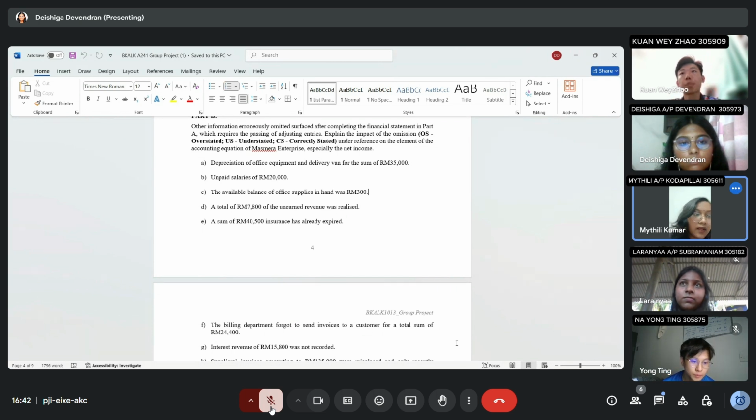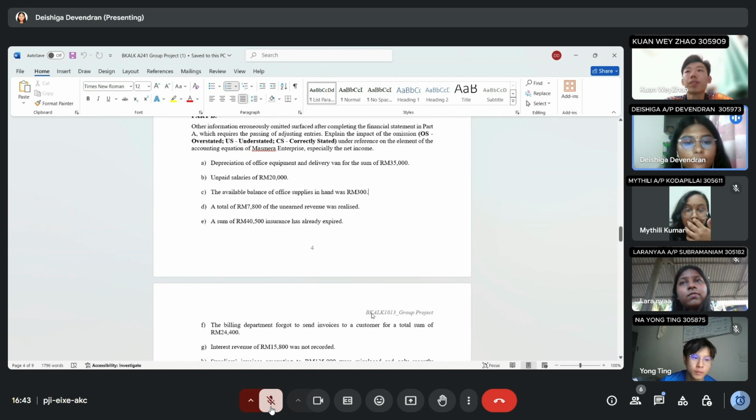If 7,800 is earned but not exhausted, liabilities are overstated. While for income, it is understated because revenue should have been recorded as income. Without this, revenue is understated. Finally, for net income, it is understated because since revenue is understated, net income is also understated.